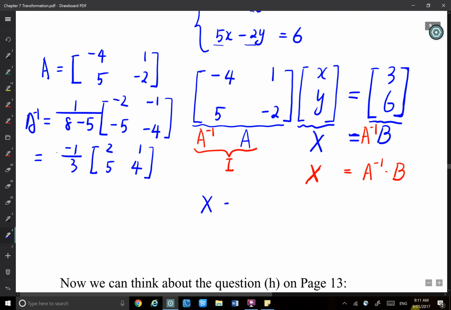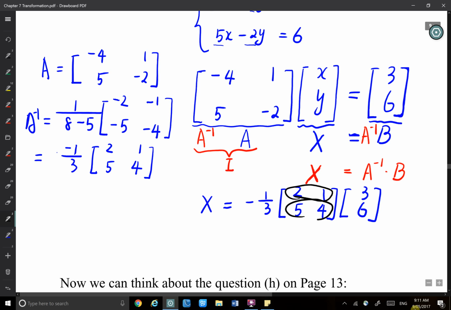So X equals negative a third times 2, 1, 5, 4, and times B. B is 3 and 6. The front one's row times the second one's column.